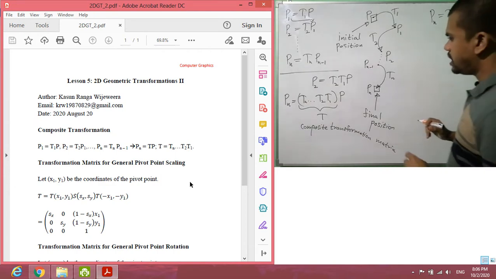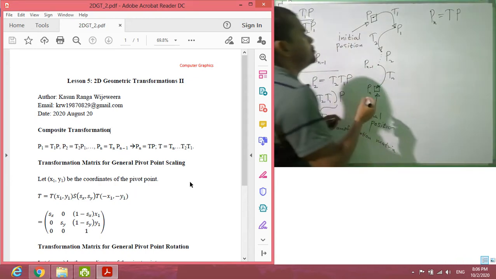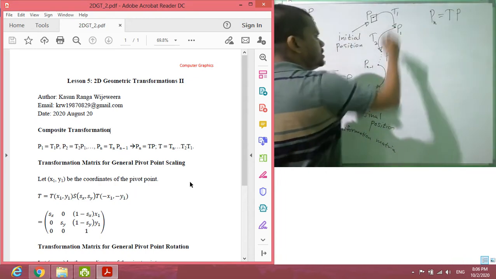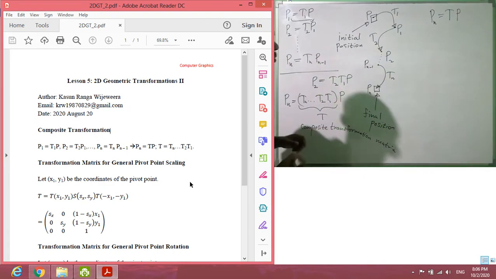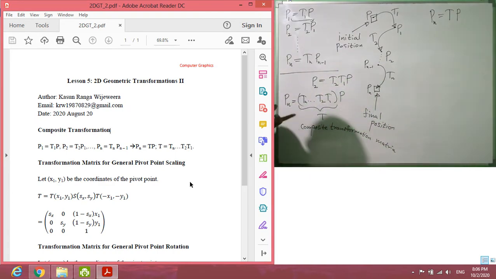Therefore we do not have to compute P1, P2, likewise up to Pn minus 1. We do not have to compute those values.